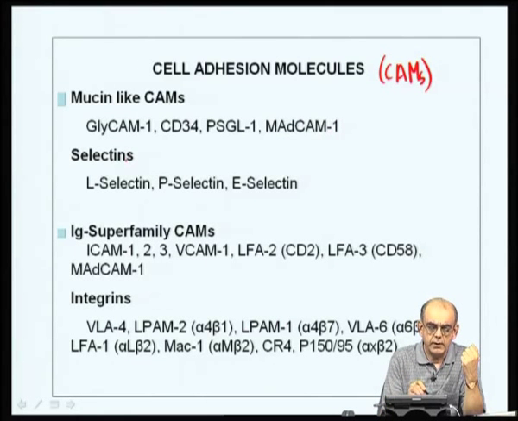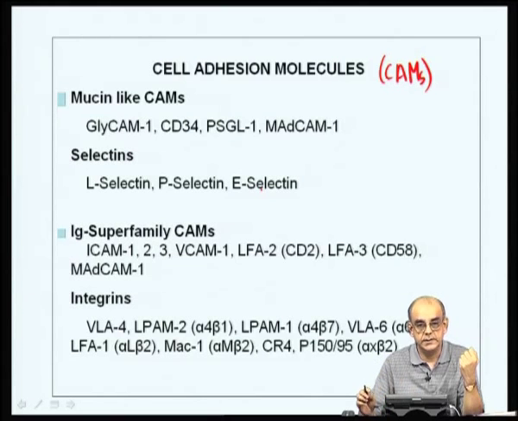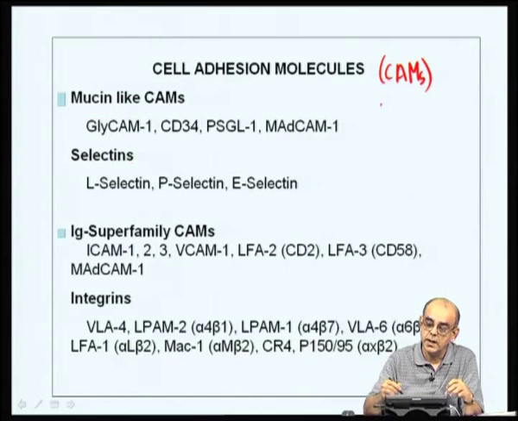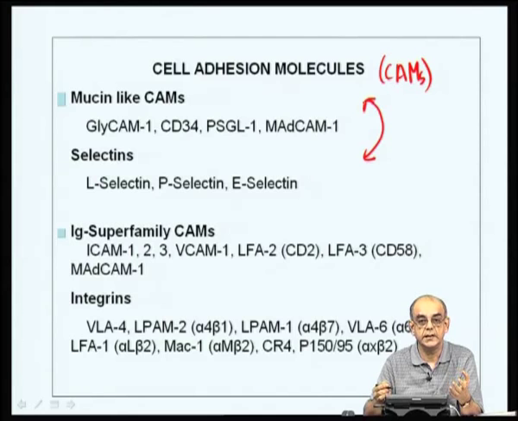Then you have another family called selectins. Selectins are of 3 types: L-selectin, P-selectin and E-selectin. Now, it so happens that these selectins always interact with cell adhesion molecules because of the properties of the selectins themselves.